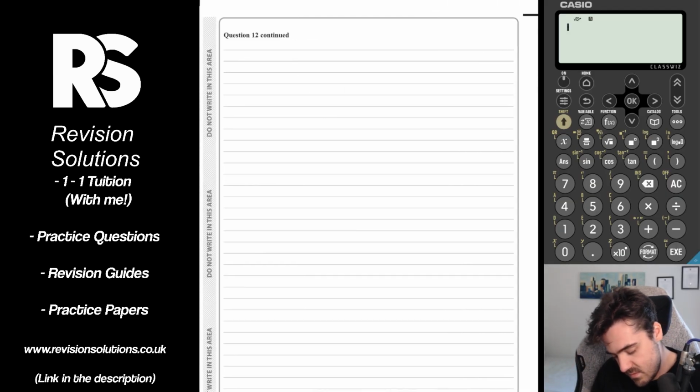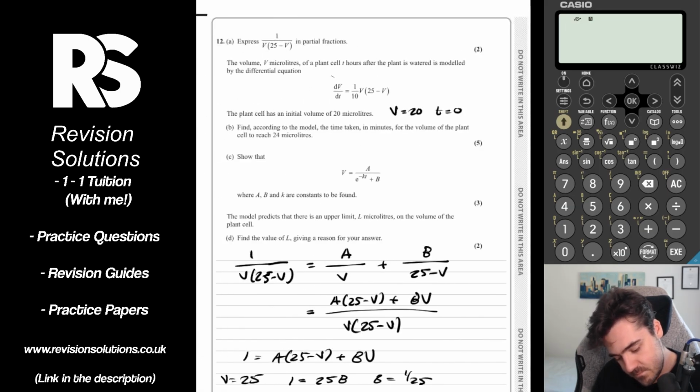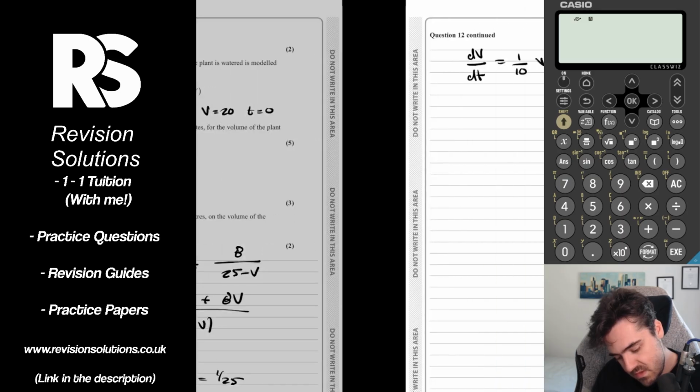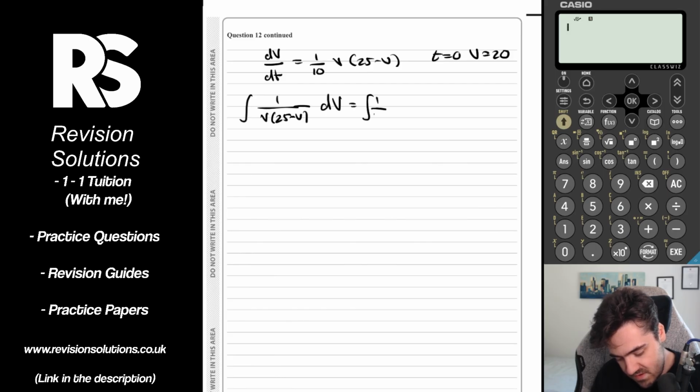So doing that, let's first write out the differential equation again. dv by dt was 1/10 v(25 minus v). And we know that when t equals 0, v equals 20. Then let's move it over, like I said. We'd have the integral of 1 over v(25 minus v) dv equals the integral of 1 over 10 dt.